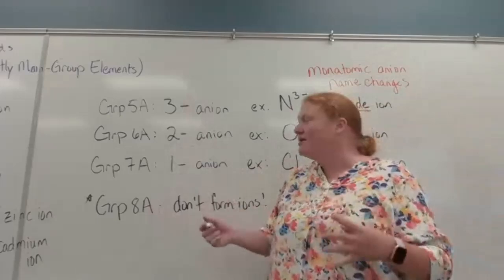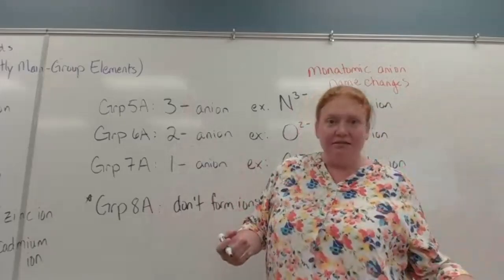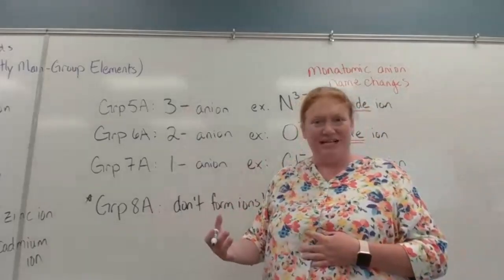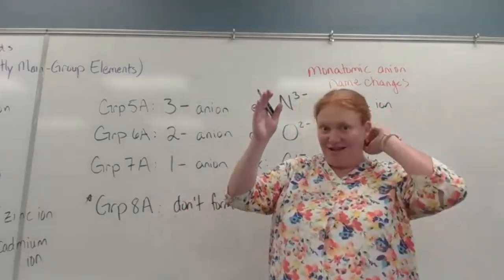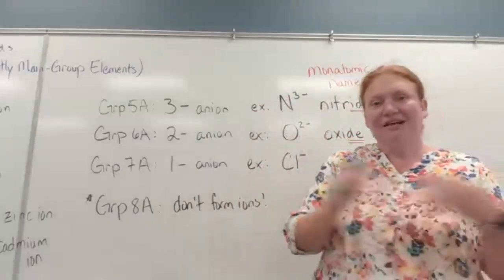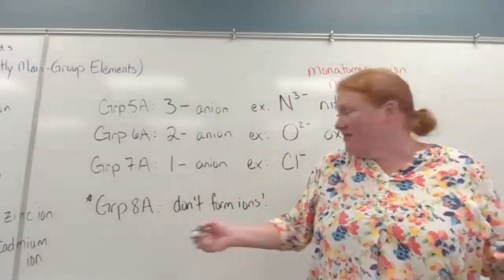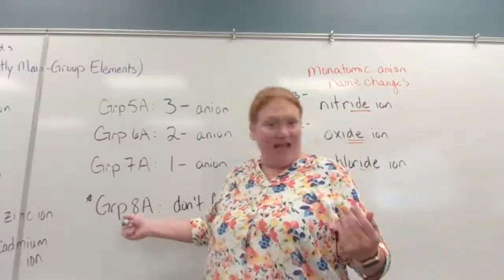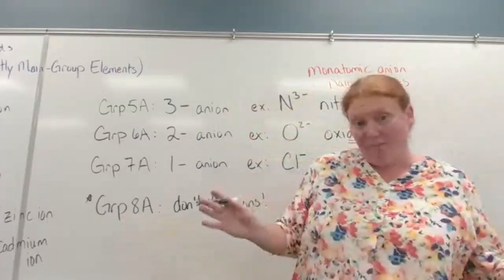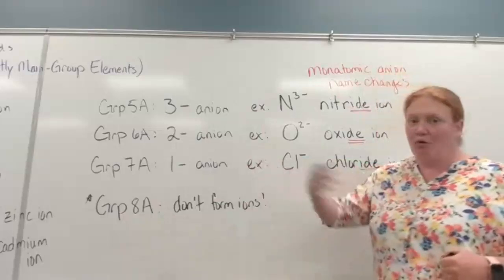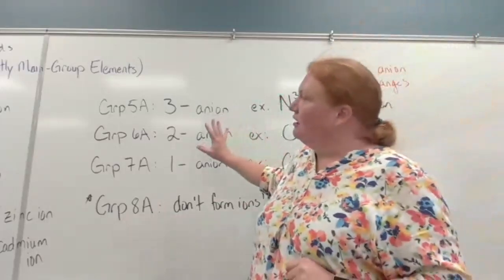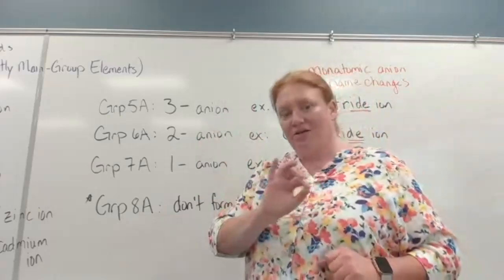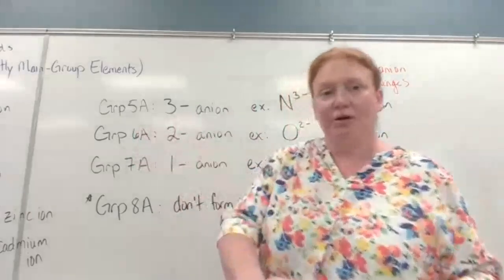Occasionally, you can have a big noble gas like xenon form a covalent compound, but even that's kind of rare, okay? Group 8A noble gases are not interested in making bonds. They, for the most part, have 8 valence electrons already. They're happy with that. They're not interested in sharing or transferring. So there's a quick review on how to predict ion charges for metals and non-metals using the periodic table.